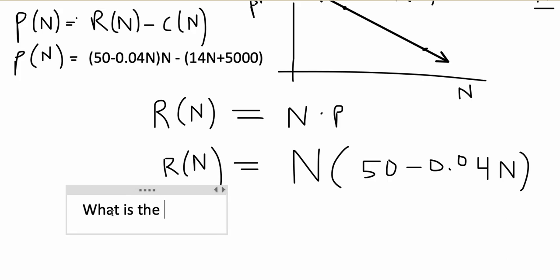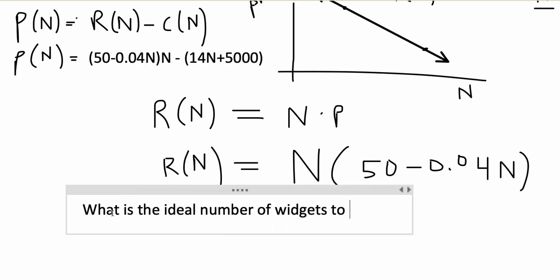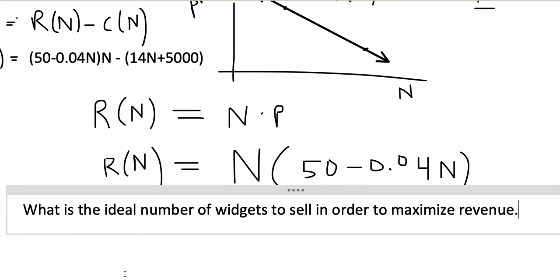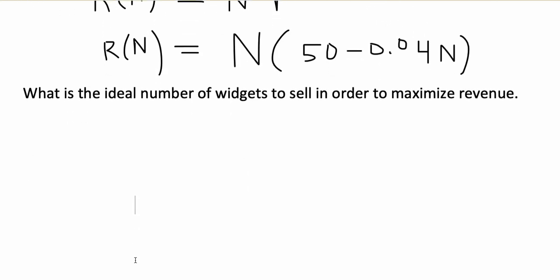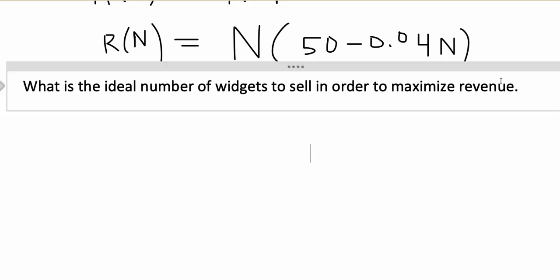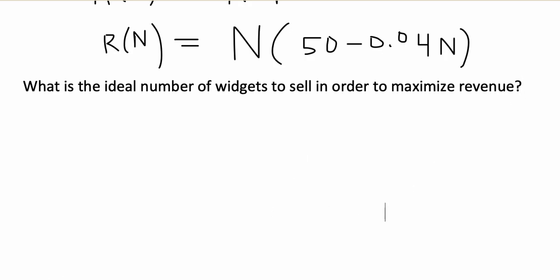What is the ideal number of widgets to sell in order to maximize? First I'll do revenue, because I want to go over each type of problem that might be asked. So what is the ideal number of widgets to sell in order to maximize revenue?